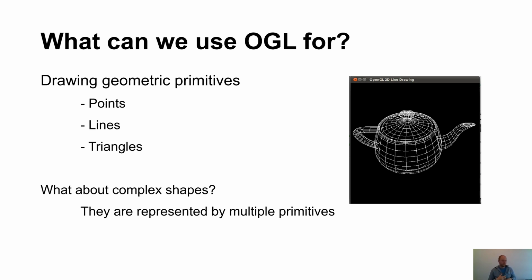But we'll see if we have time at the end and can talk a little about how you would do something like that with OpenGL. Generally speaking, OpenGL is really good for what's called rasterization, the conversion of a primitive, such as a line, to a set of pixels on the screen. And that's what we're going to really dive into with this class.